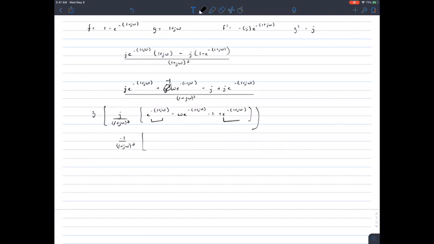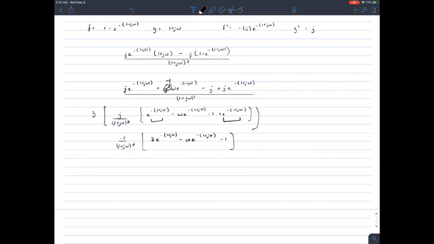So we're going to combine these two: 2e to the negative (1 plus j omega), minus omega e to the negative (1 plus j omega), minus 1.